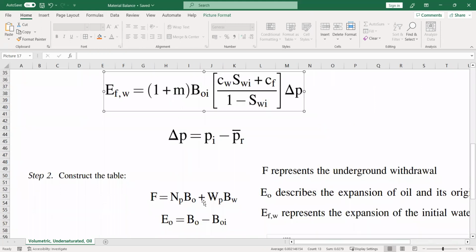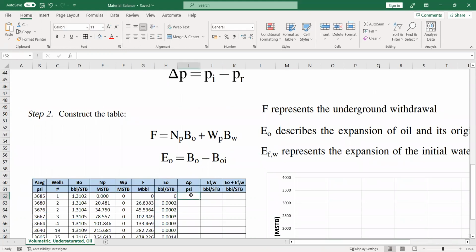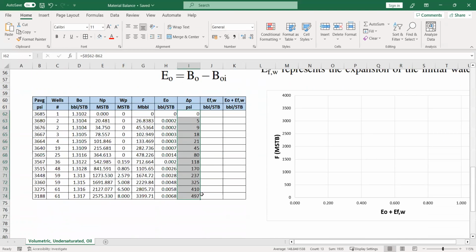All right, but before that, I need to compute the delta P first, right? Delta P is initial pressure minus the latest average pressure. So it should be this, put dollars there, and then minus the value itself. Okay, so from the initial condition down to the latest condition, we have depleted 497 PSI.